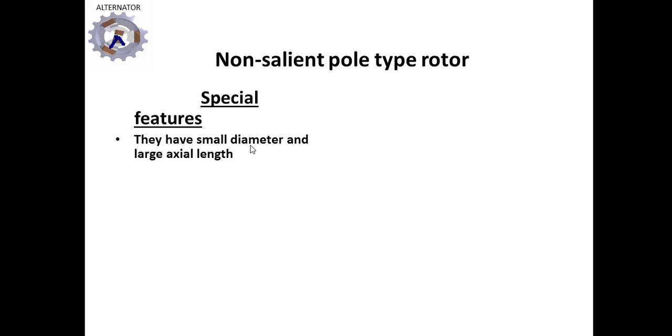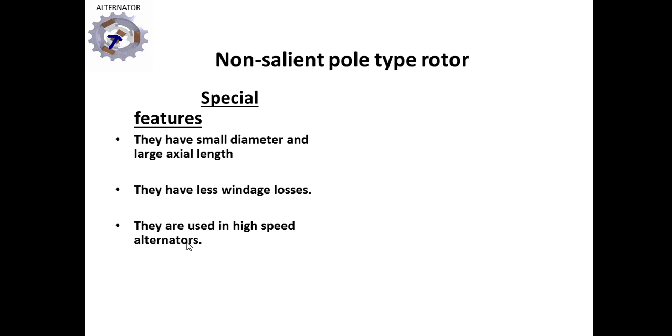Here we have some special features for the cylindrical type, having a small diameter and large axial length. Due to that, it is used for higher speed applications. It is for high speed applications and good balancing and quiet operation.